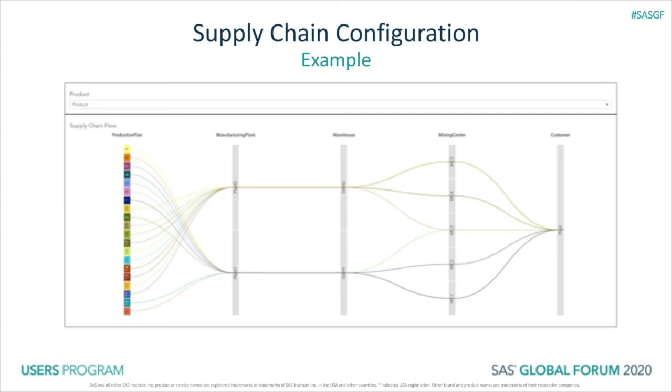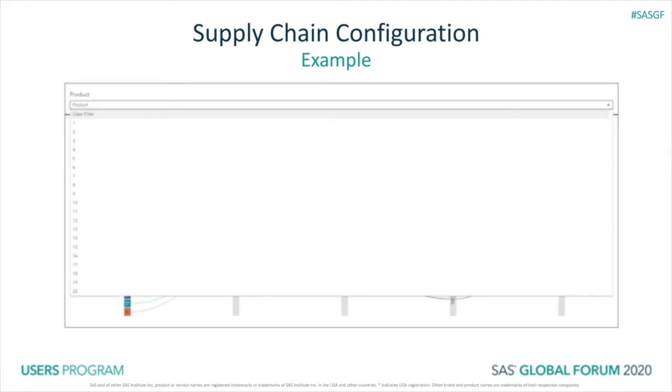And we also make assumptions about where these manufacturing plants and supply warehouses may be located, and where the mixing centers are located. These locations are important because they are going to be helping us determine what the transportation time is, as well as the transportation cost from one location to another as the products are flowing through the supply chain.